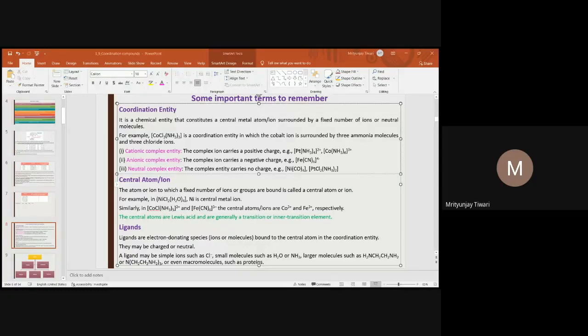Bidentate ligand: if you see the example of ethylene diamine, it is a bidentate ligand because it has two nitrogen atoms, and both nitrogens have a lone pair of electrons. So this ligand can bind through both nitrogens to one metal atom, and in that case it acts as a bidentate ligand, sometimes also referred to as a didentate ligand.